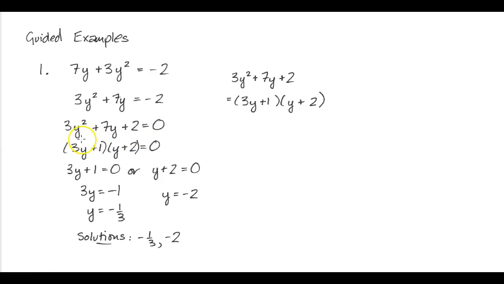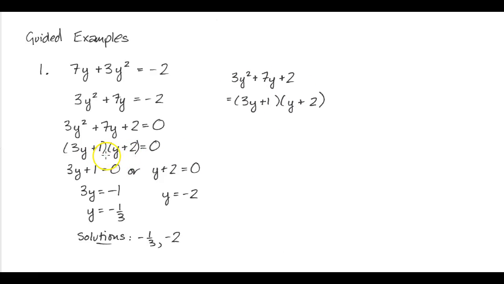I then can factor 3y squared plus 7y plus 2, using some trial and error. The outers, 3y times 2 is 6y, plus 1y is 7y, and the firsts give 3y squared and the lasts give 2. So I know I have the correct factors when I factor this into 3y plus 1 times y plus 2.